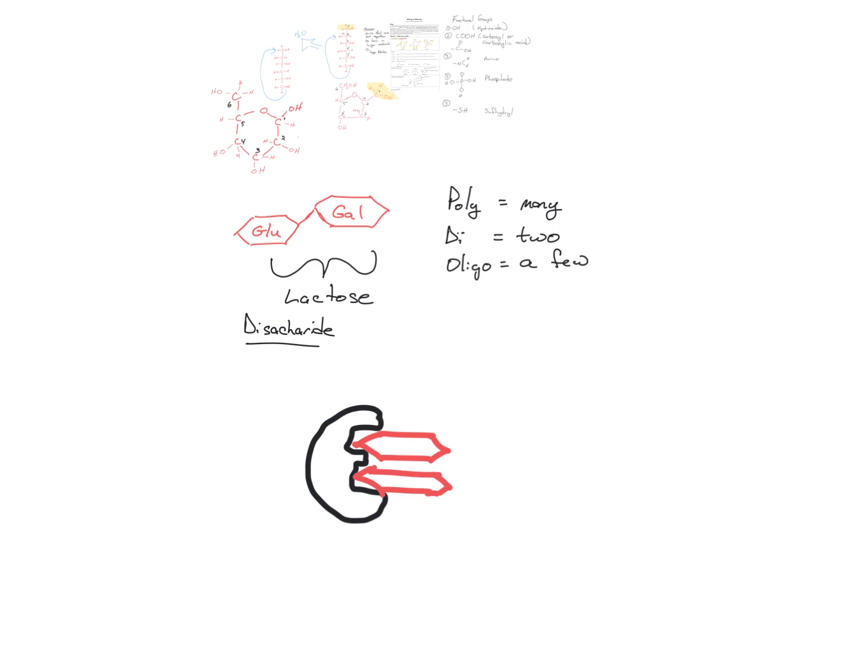So if this is glucose and this is galactose, they go in as the pair, they go in as lactose, and when they're done, the enzyme is not used up in the reaction. The enzyme helps the reaction go quickly.